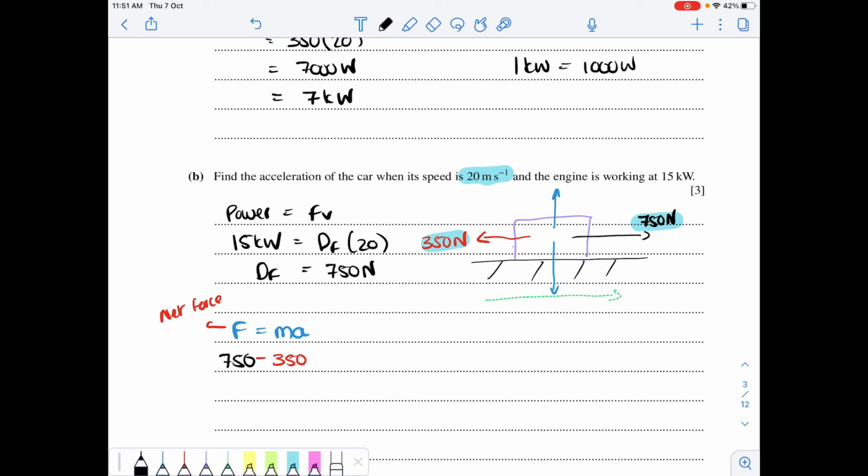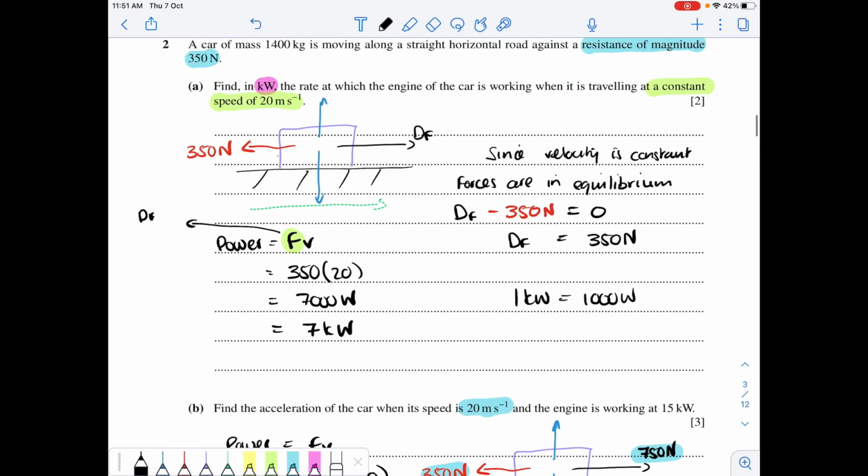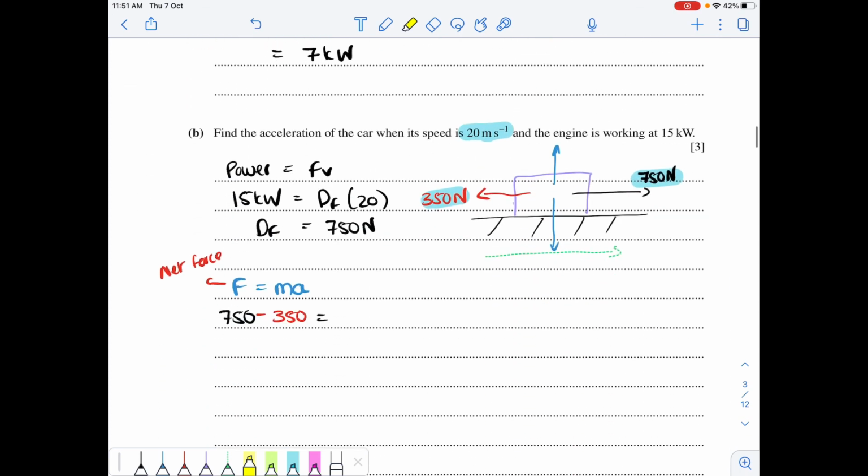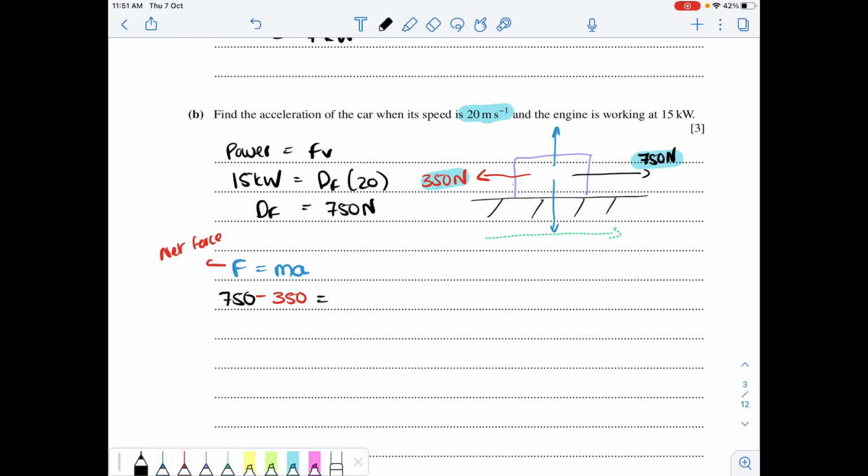There's our net force, and this must be equal to mass times the acceleration. Acceleration is what we're trying to find. The mass of the car given to us was 1,400 kilograms. Remember, the mass is in kilograms, so we're not converting this to newtons. It's mass times acceleration, and a is what we're trying to solve for.